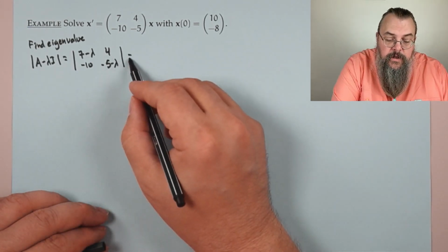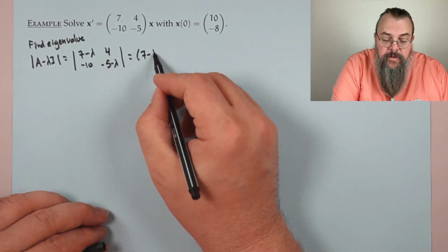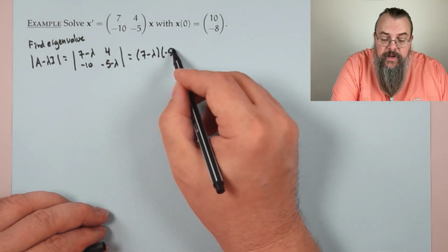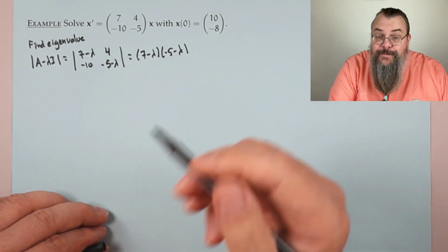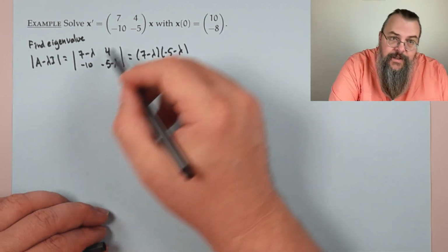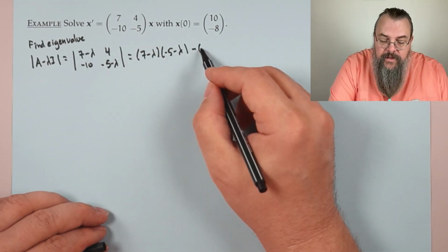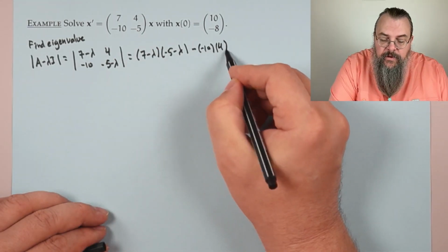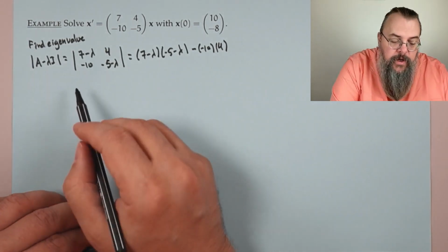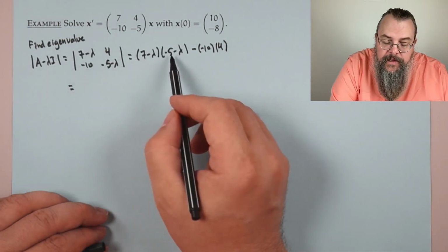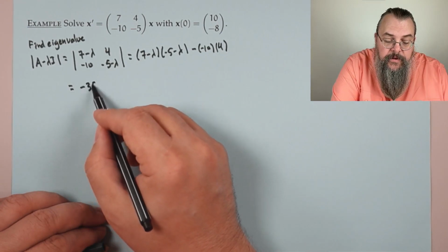All right, well, this is what? 7 minus lambda times minus 5 minus lambda. Then we're going to subtract, right, go down the diagonal, subtract up the diagonal, negative 10 times 4. Well, 7 times negative 5 is negative 35.